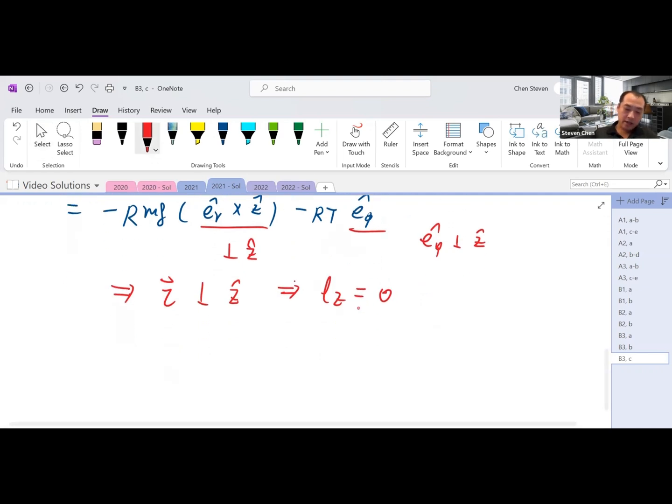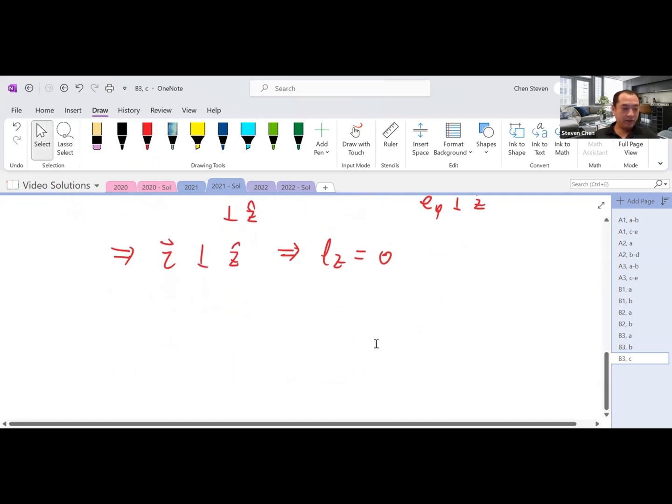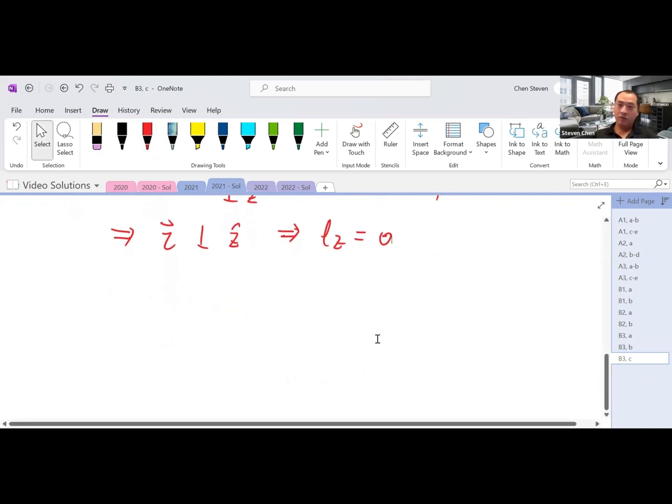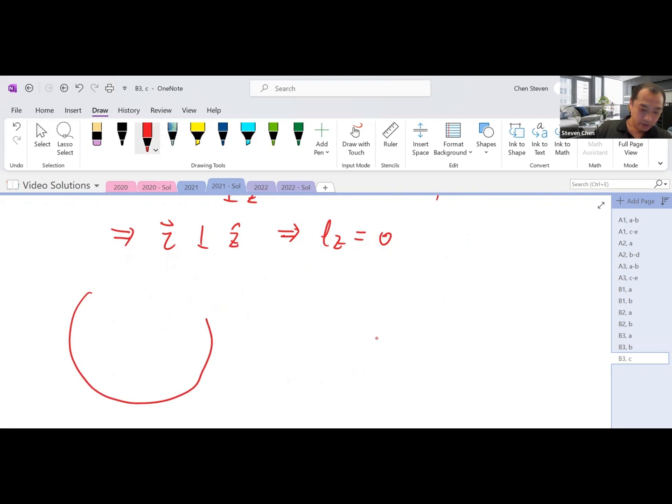That will help us a lot to analyze this problem. Let's see how. Let me draw the diagram again. Suppose that somehow, finally, you have the chance to hit the cylinder.